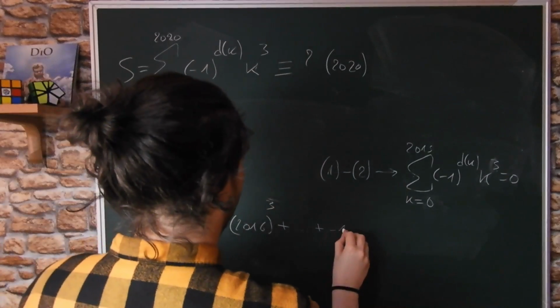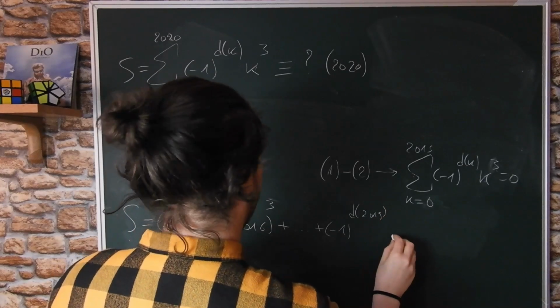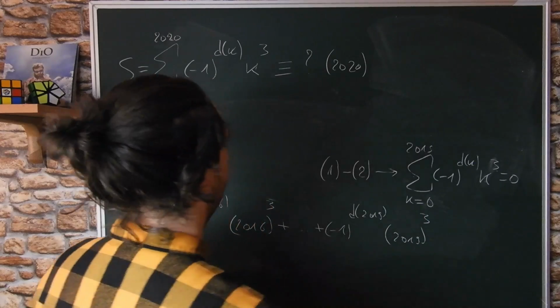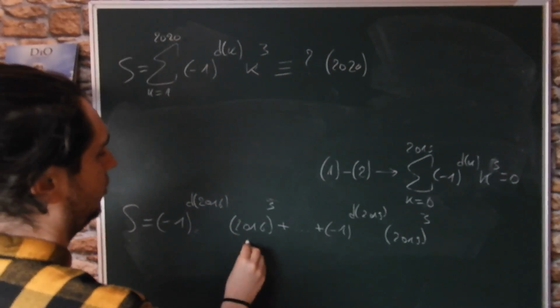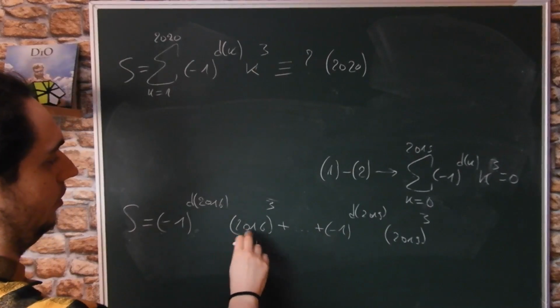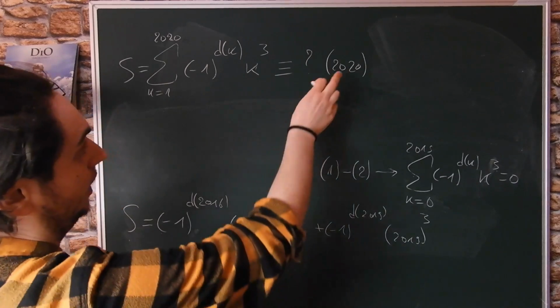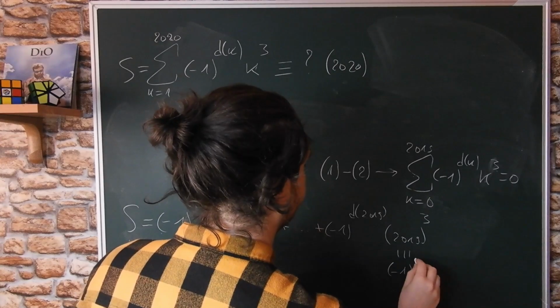So we end up with minus 1 to the d of 2020 times 2019 cubed. But this we can compute, for example, noting that 2016 is minus 4 modulo 2020. This is exactly minus 1.